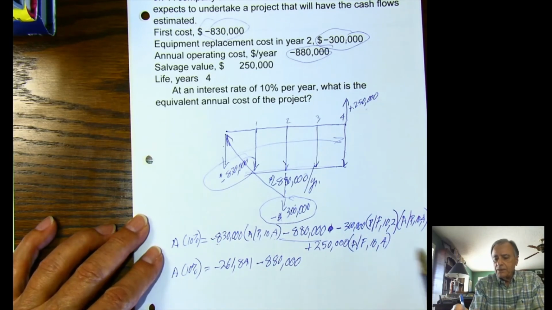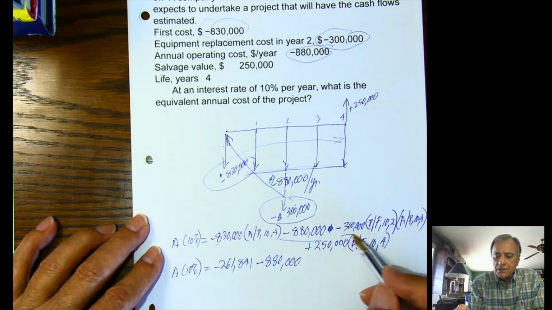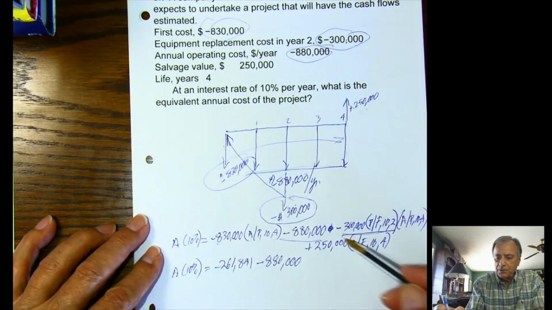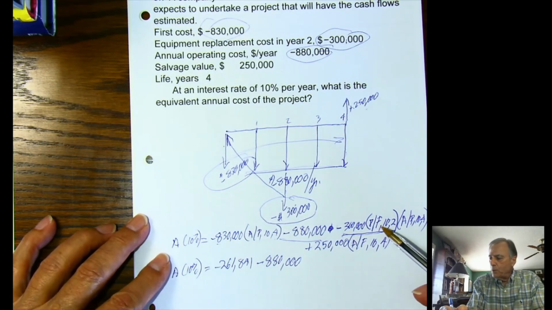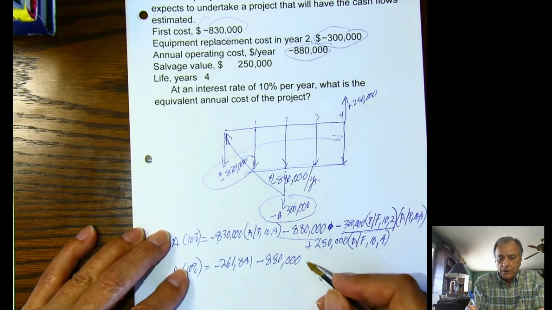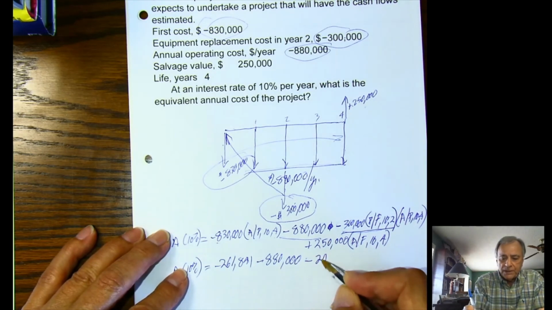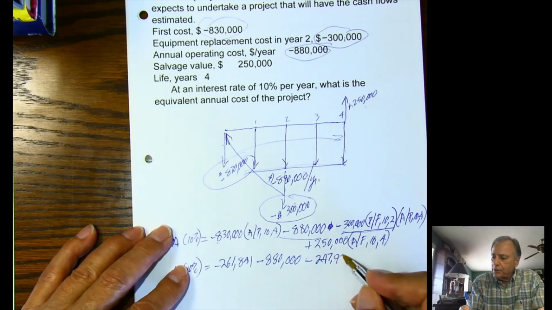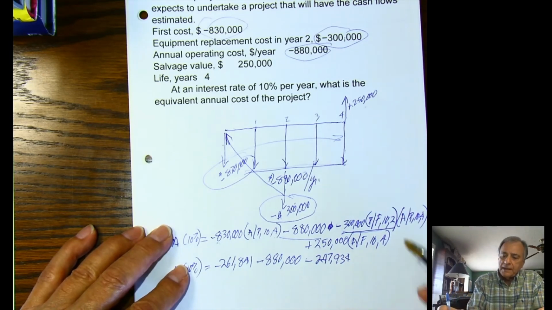And then the next thing I do is take this 300,000 back to the present. That's this multiplication here. When I do that, I get minus $247,934, and then I need to spread that number back over the 4 years.